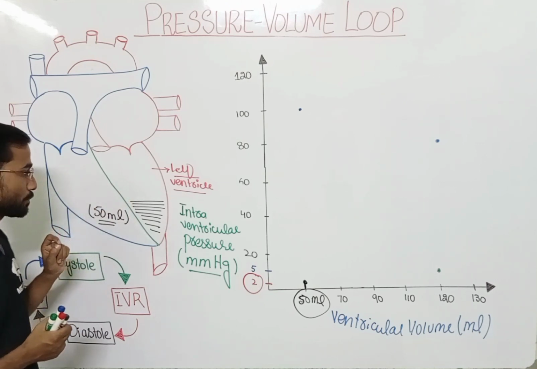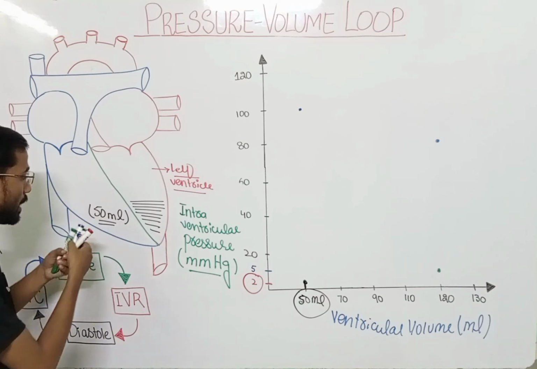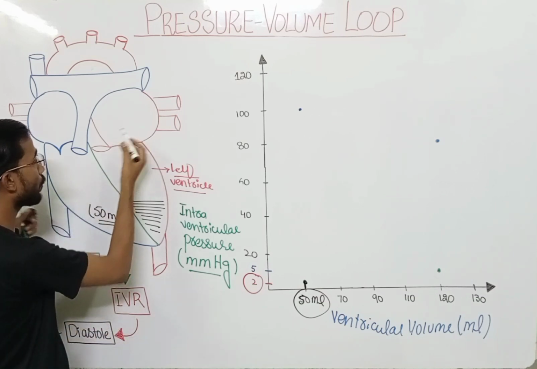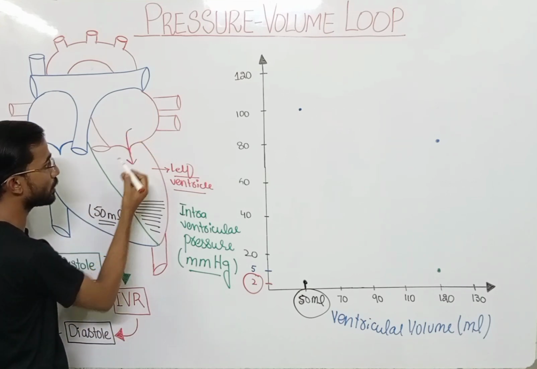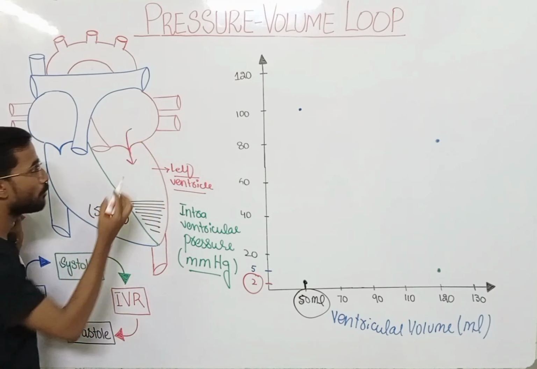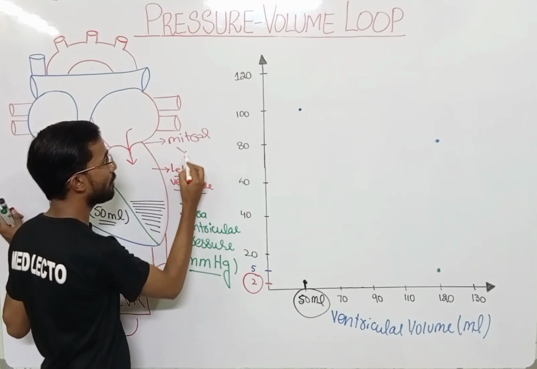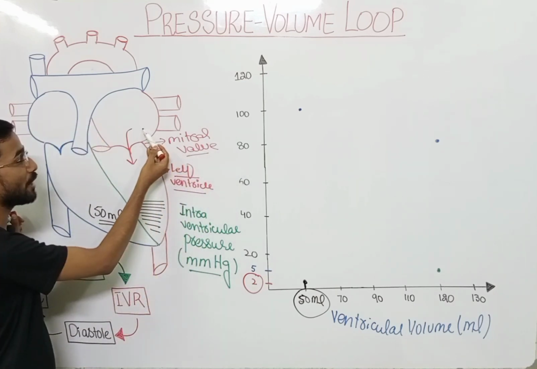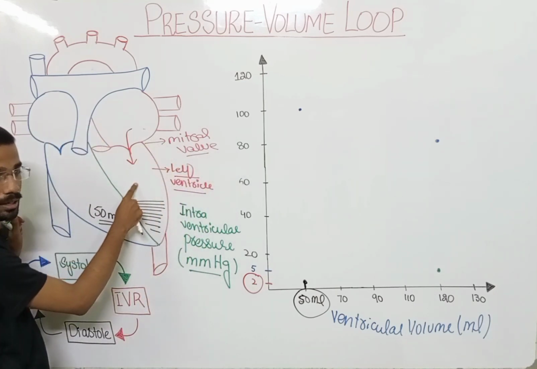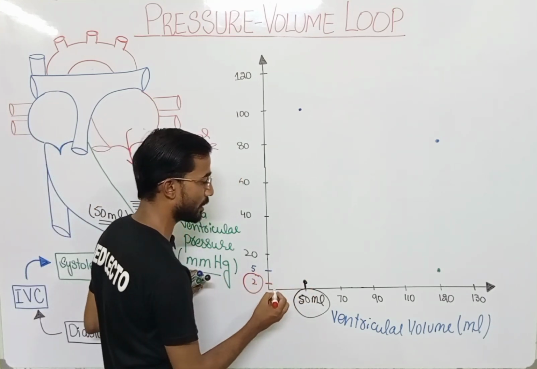After that, you will see the blood from the left atrium start moving into the left ventricle. When the mitral valve opens, blood starts flowing from the left atrium into the left ventricle. So at this state you will see the opening of the mitral valve.